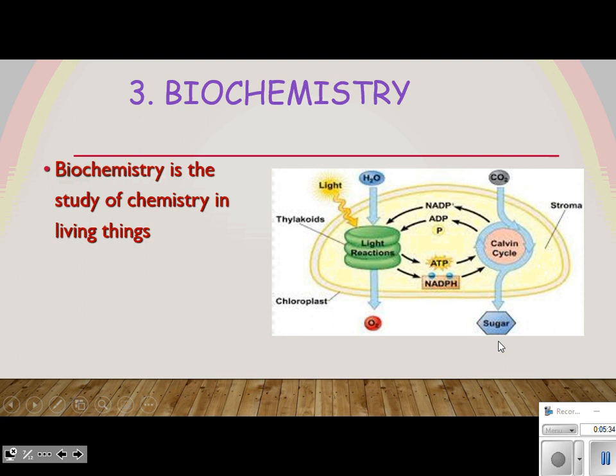Photosynthesis is a biochemical reaction, a chemical reaction happening in a living thing. We don't undergo photosynthesis, but we do have reactions going on in our body. Probably the one you talked about in biology would be cellular respiration, which is the reverse reaction of photosynthesis.